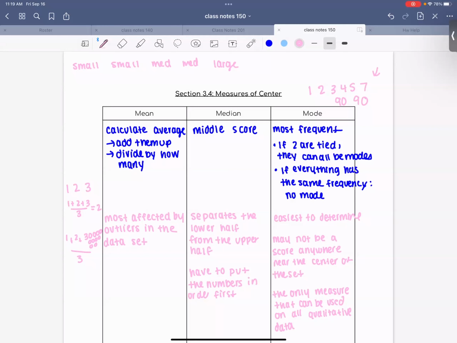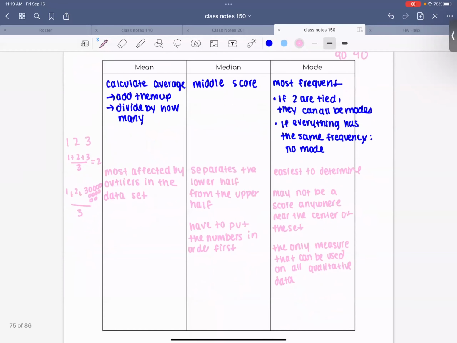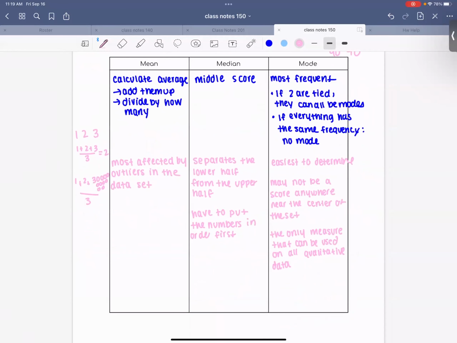Is there another measure of center that might make more sense? Median, right? With the median, you don't really need to know the values of the data set, but as long as they're in order, you can figure out what the median is, right? So for this one, I'm not going to test you on this one.